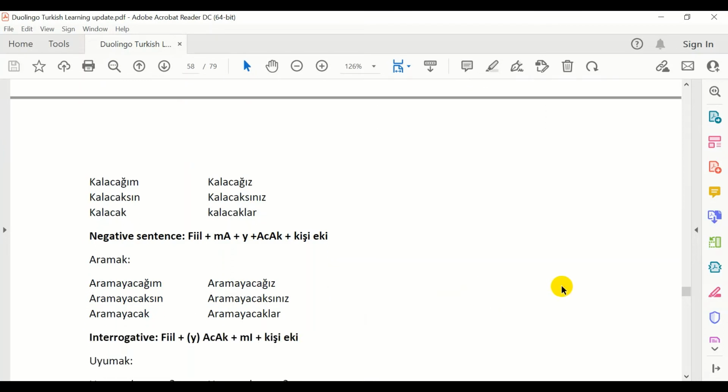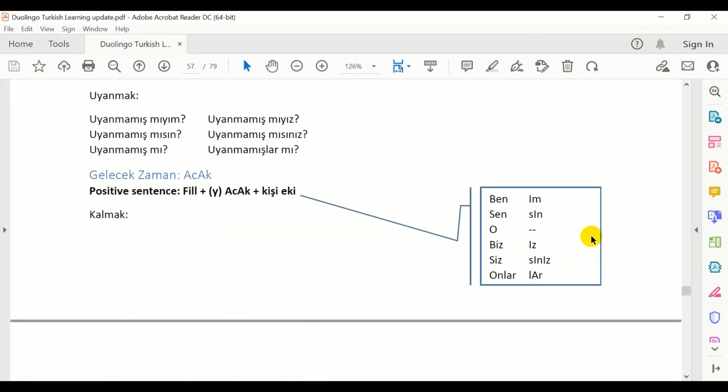So the interrogative sentence: verb plus tense suffix plus question suffix plus personal suffix. See, if you know the positive structure, the positive tenses, you can change it to interrogative as well, because before adding the personal suffix you should add the question suffix, as simple as that.